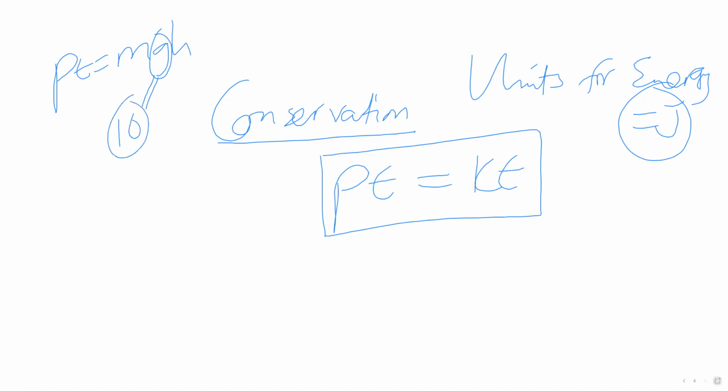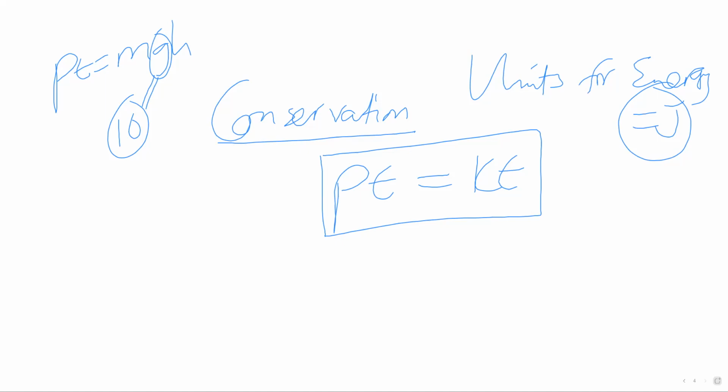If there's no other opposition, no other resistance, potential energy is just equal to kinetic energy. The loss in potential energy will be the same as the gain in kinetic energy. This only applies if there is no external force, no resistance.